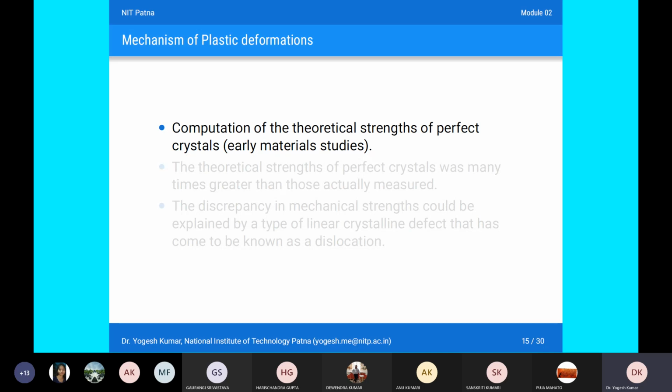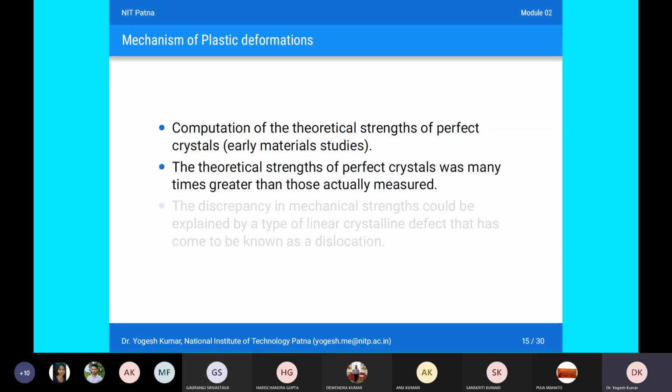We are able to calculate the various strengths like the elastic proportionality limit, then elastic limit, and ultimate tensile strength, in earlier material studies.